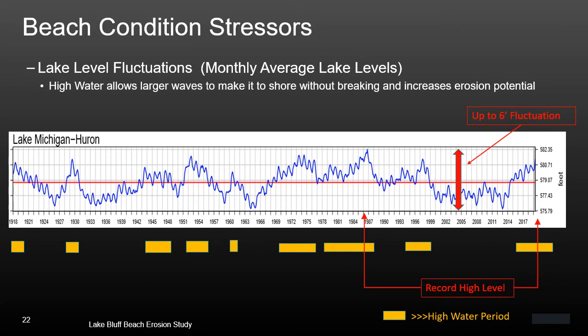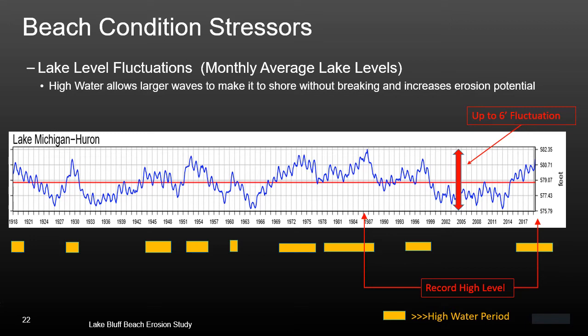Lake levels are an important stress factor when it comes to lake erosion. This is a chart of 100 years of lake level records. The blue line is the elevation of the lake above and below normal, which is shown as the red line. The lake tends to fluctuate between high and low. There's a 6-foot difference in lake level.